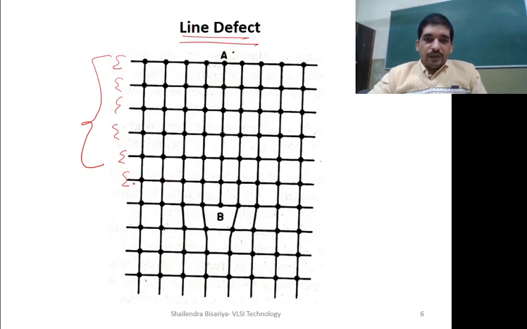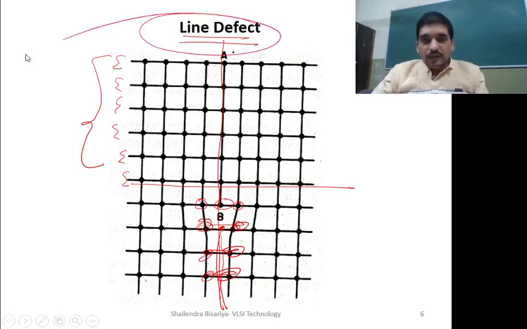But from this point onwards, in the middle, the atom here should make a bond with some more atom here in between. And the atom here should again take a bond with an atom in between the two, but there is no atom in between. So the line is coming up to this point only, and there is a line gap, and directly this atom is attached with this atom, and this atom is attached with this atom, and so on. So a line gap is there. This is known simply as a line defect. I hope this is simple in itself.